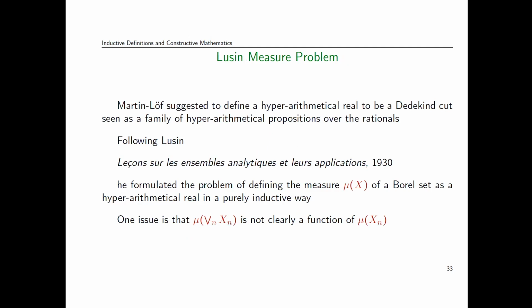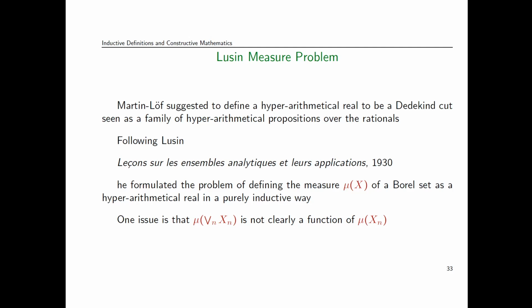So Martin-Löf suggested to define the hyperarithmetical real to be a Dedekind cut, which is seen as a family of hyperarithmetical propositions over the rationals. And following a problem in Lusin's book, he formulated the problem of defining the measure of a Borel set as a hyperarithmetical real in a purely inductive way.